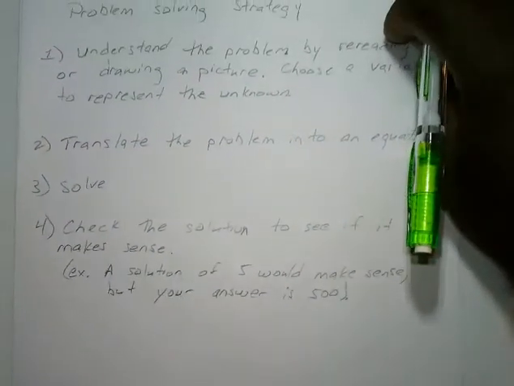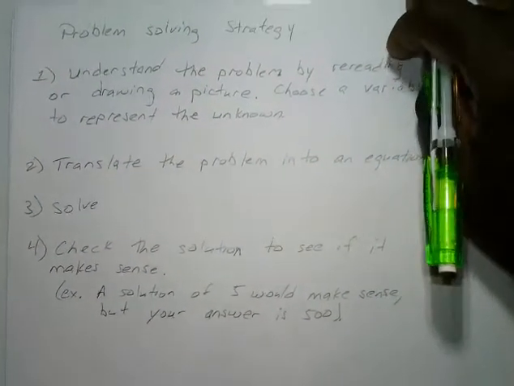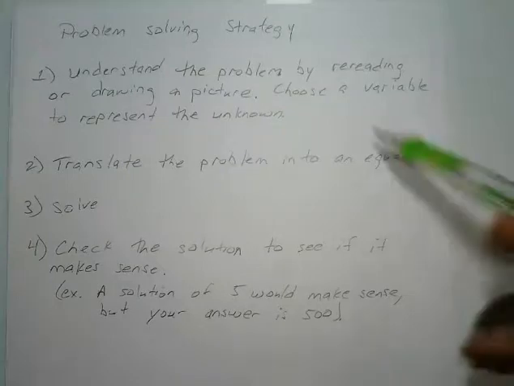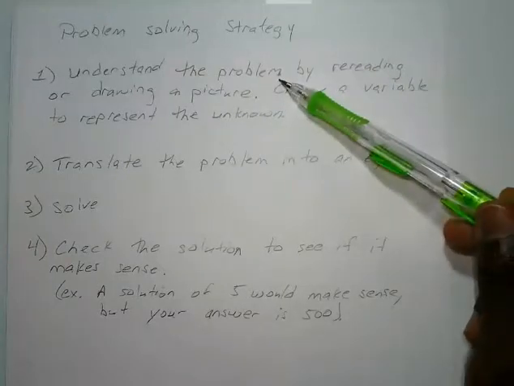Oh, actually, I'm going to introduce a few problem-solving strategies first. Okay, so some of these will help you, especially if you have actual story problems and not just translations. So the first thing you want to do is understand the problem.